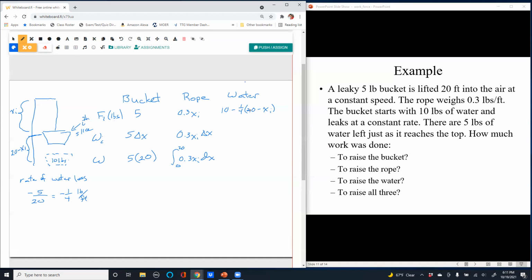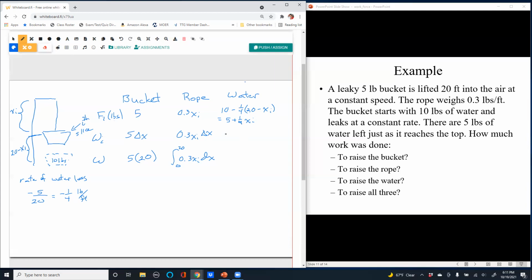You distribute the 1/4, so that would be minus 5. So 10 minus 5 is 5. And then minus 1/4 times a negative X sub I is plus 1/4 X sub I. So that might be easier to deal with going forward. We'll deal with the simplified one this time. But based off our diagram, based off the way I decided to label it, this is a way of setting it up.